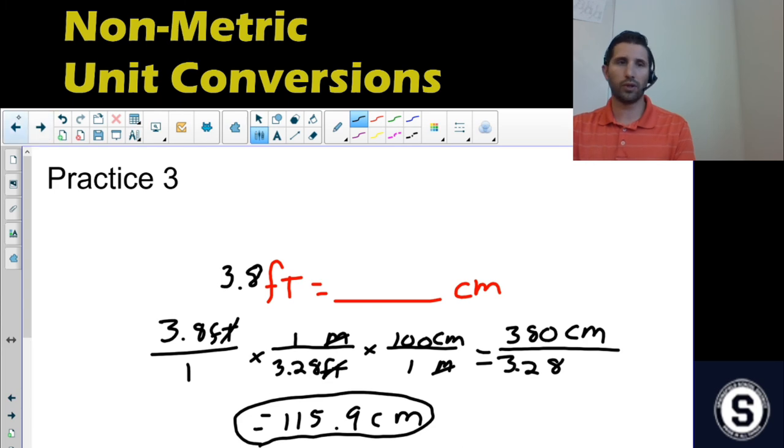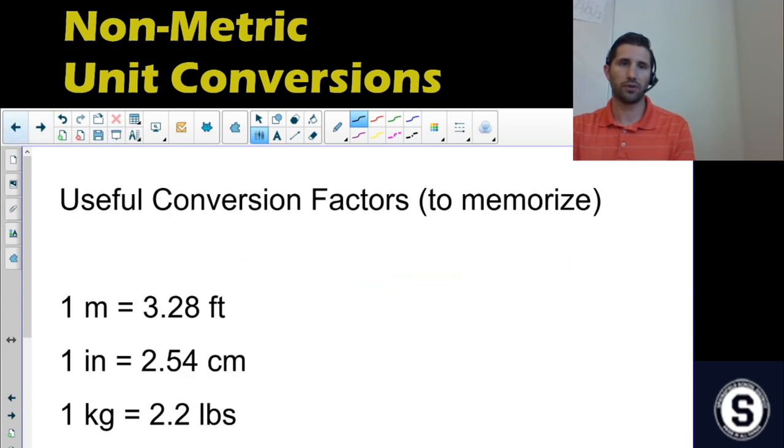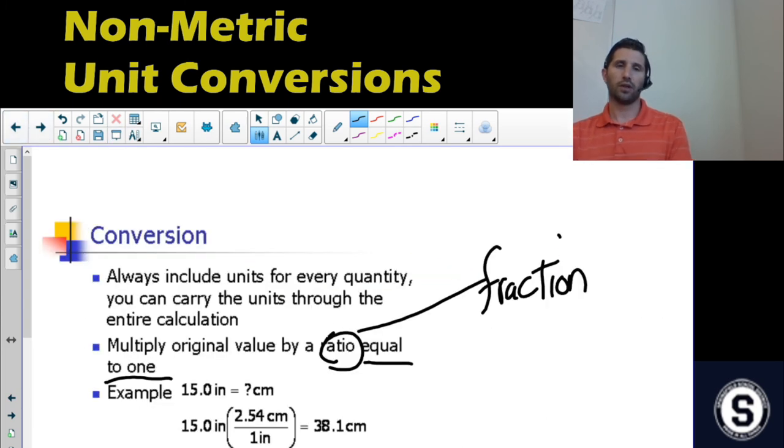Okay, so going back to our notes here, make sure that every time you do it, set it up the same way, and make sure that your fractions, your ratios that you set up are always equal to 1. The thing on the top and the thing on the bottom are always the same thing. If you have a situation where the fraction is set up and the top and bottom are not the same thing, you're definitely not going to get the right answer.